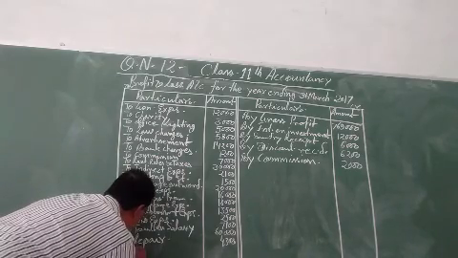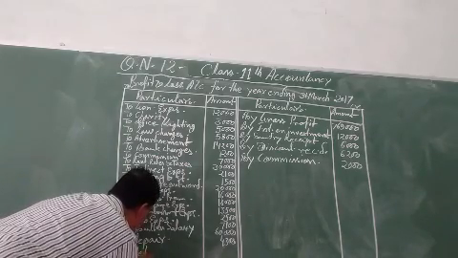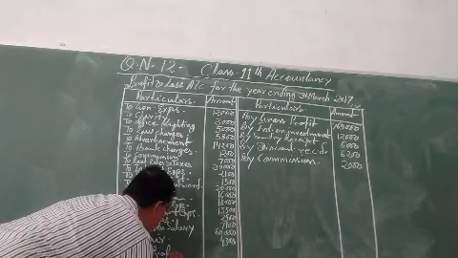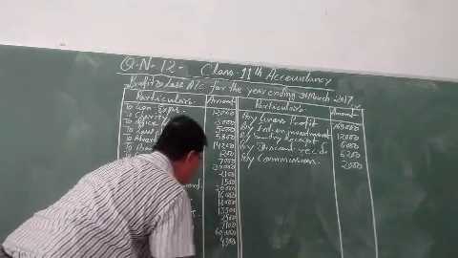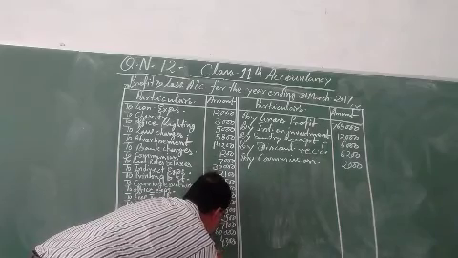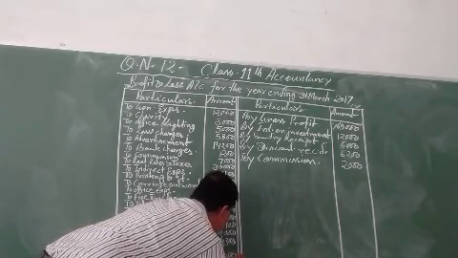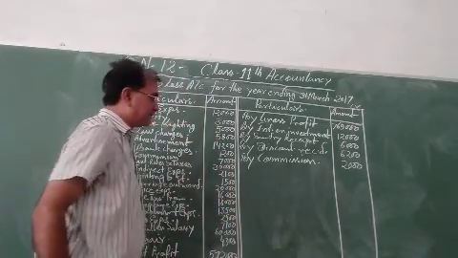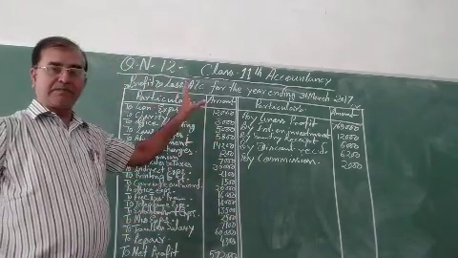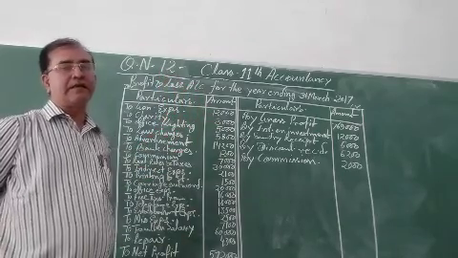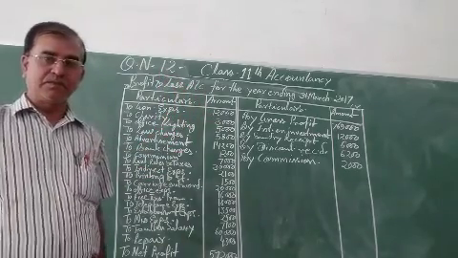Net profit is equal to 5,72,000. You can see the item this way, the profit and loss account is prepared.